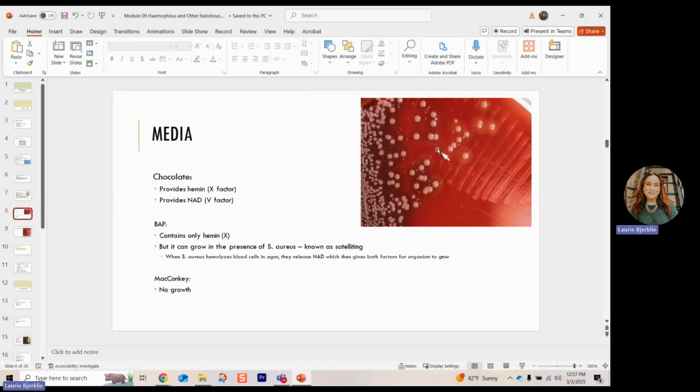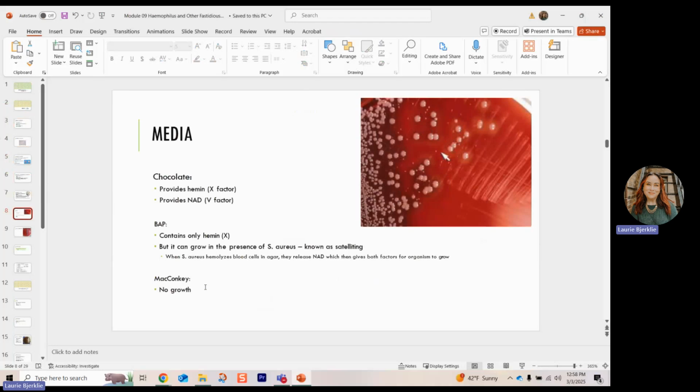And so if there is Haemophilus present, that allows the Haemophilus to grow because now it has both X and V factor. That's what we call satelliting, where the Haemophilus can satellite around these Staph aureus colonies. You can see that these small little pinpoint colonies are Haemophilus on this plate surrounding these Staph aureus, because that Staph aureus is now giving them the V that they were missing. So now they have both and they like to grow. That's just a special phenomenon known as satelliting.